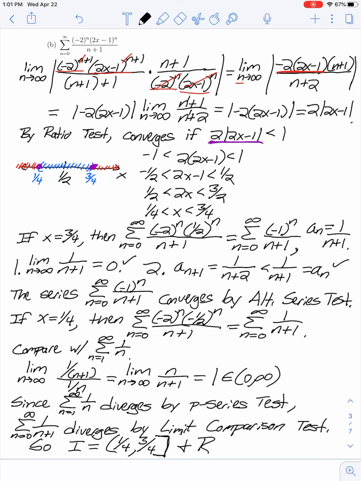And then the radius of convergence, r, is half the length of that interval. The length of the interval from 1/4 to 3/4 is 1/2. Taking half of that length, we have 1/4 for our radius. So here, interval and radius of convergence are given by the following.